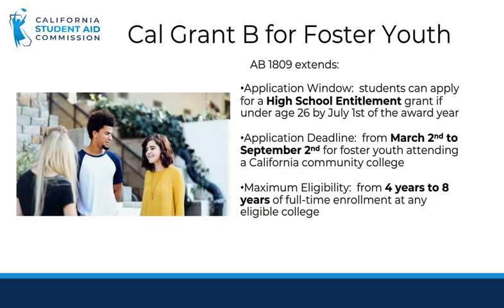They are given consideration as long as they have not yet reached 26 years of age as of July 1st of the initial award year and submit a qualifying high school GPA or test score, regardless of the date of high school graduation or the equivalent. The maximum eligibility has been increased from 4 years to 8 years of total award eligibility.